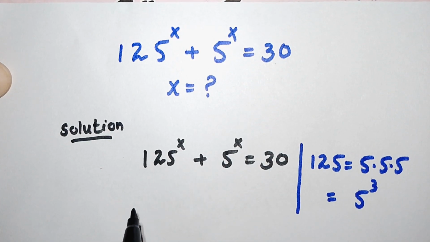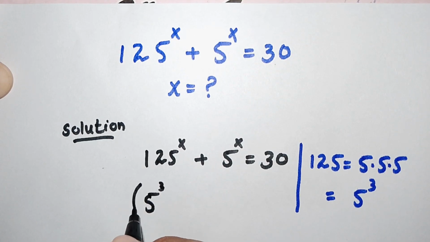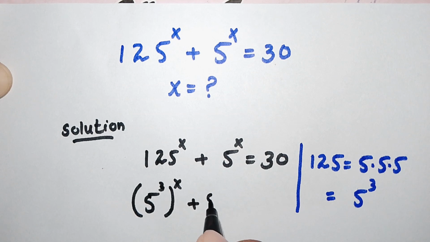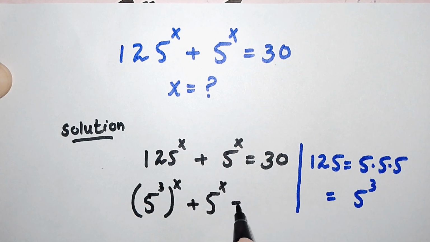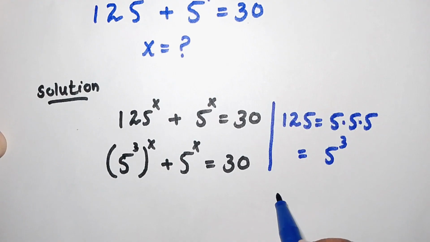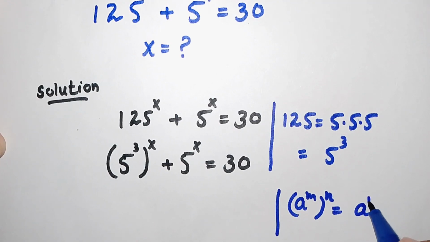So this will become 5 to the power of 3 and to the whole power of x plus 5 to the power of x, which is equal to 30. Now we also know that a to the power of m to the whole power of n is also equal to a to the power of n to the whole power of m.